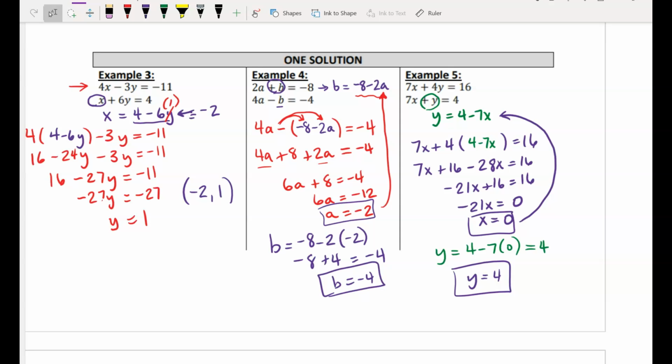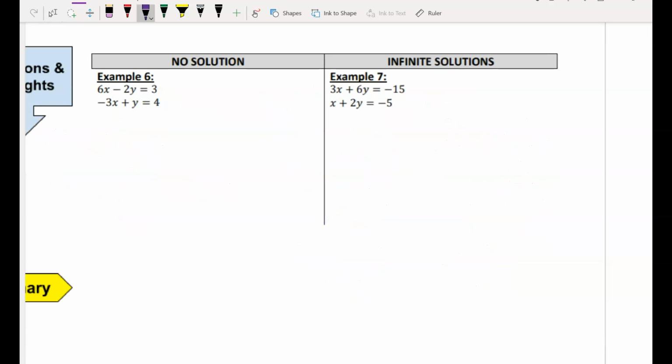So I got an x value of 0, and then I took that 0 and substituted into the equation where I had solved it for y, and I get y equals 4. Remember that 0 is just a number like any other number, and so it is a valid solution. But let's see what it looks like when we're solving by substitution and the result is no solution. We don't know in advance that this is what's going to happen, so we just start like we normally would.